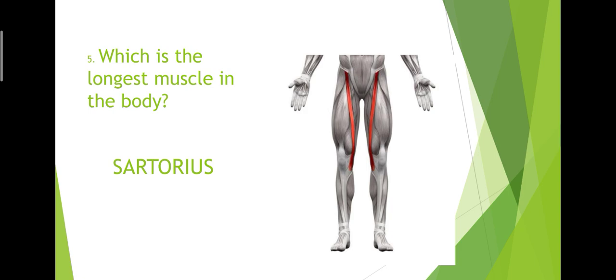It runs down the length from the upper thigh, crosses the leg and goes inside the knee. So from the thigh, upper hip area to knee, it is the longest muscle. It also helps when we walk. It helps us in moving our legs. It gives support to our body. So, sartorius.